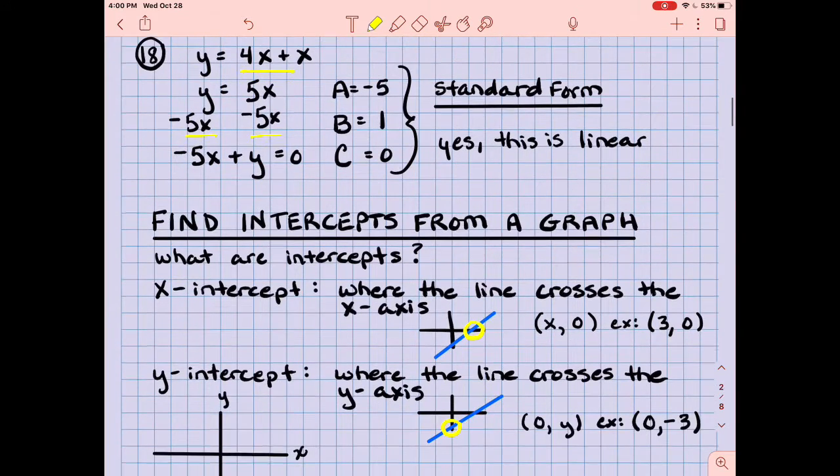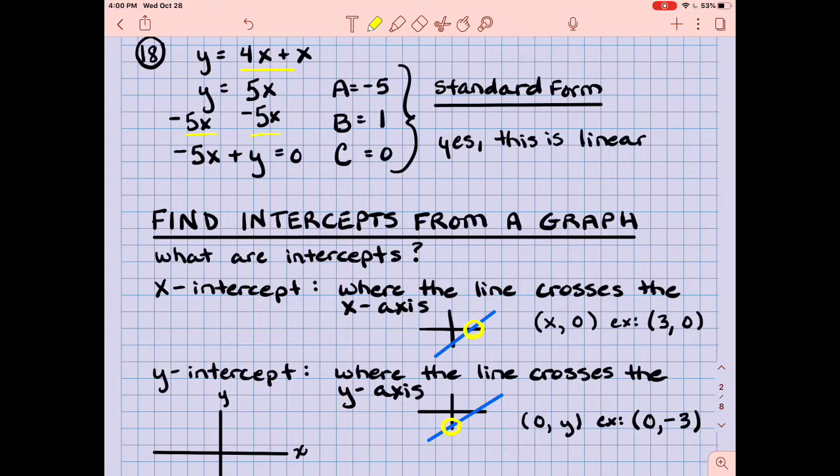All right, what if we want to find intercepts from a graph? What are intercepts? The x-intercept is where the line crosses the x-axis. You can see my little example here. An example might be at the point (3, 0). Notice that we're crossing where x equals 3 and y equals 0. So the line is just crossing the x-axis.